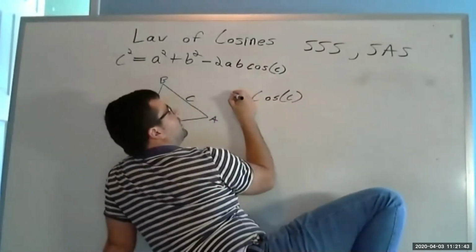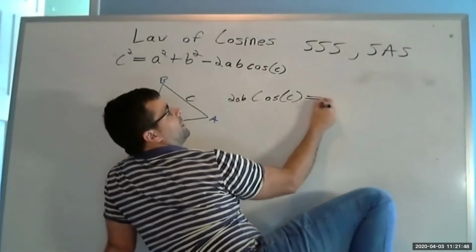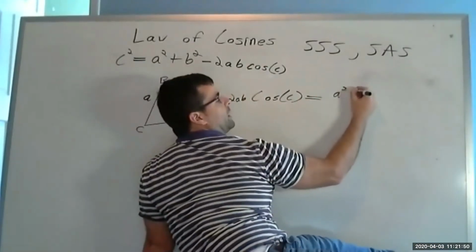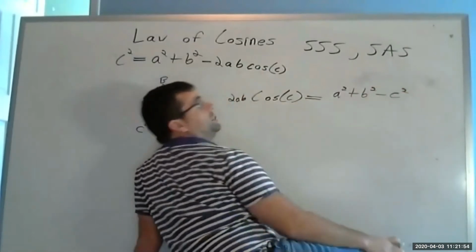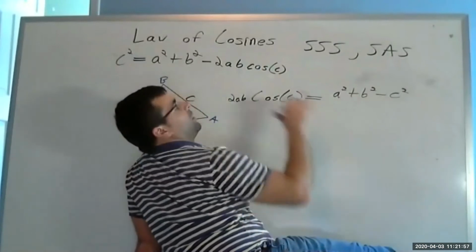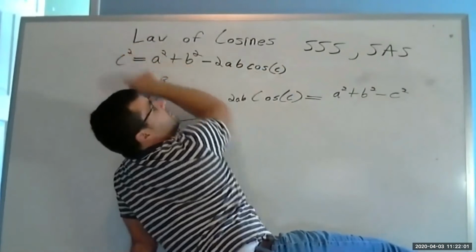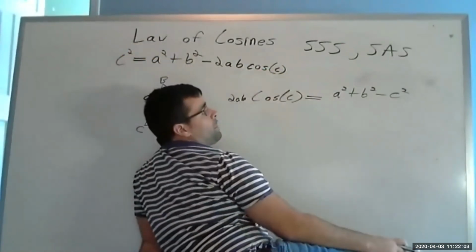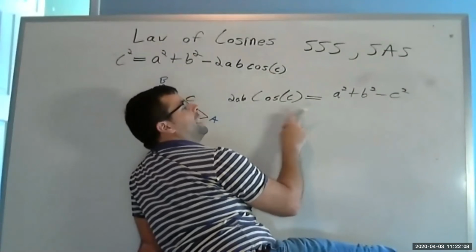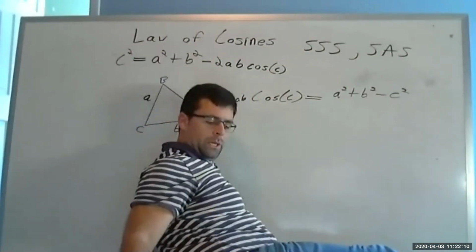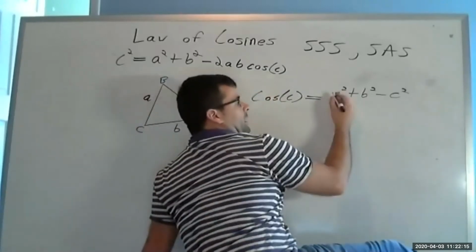So you get 2ab cosine C equals a squared plus b squared minus c squared. Okay, so all we did is add this thing to that side and subtract the c squared from this side. Now we want cosine C by itself, so we're going to have to divide by 2ab, and you get this.